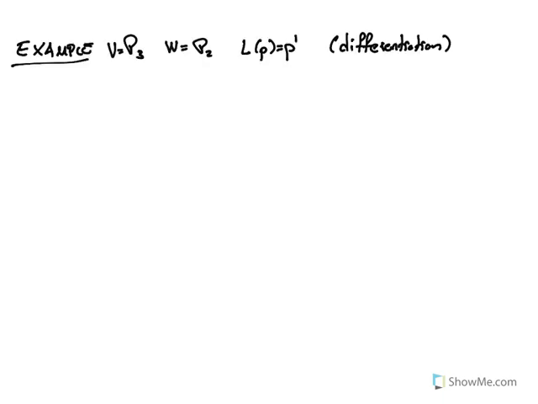Let's do a few examples to illustrate what these properties mean. Let's take as our source space P3, the set of all polynomials that are cubic or less, and our target space is the space of all quadratic polynomials or less, and our map is differentiation.